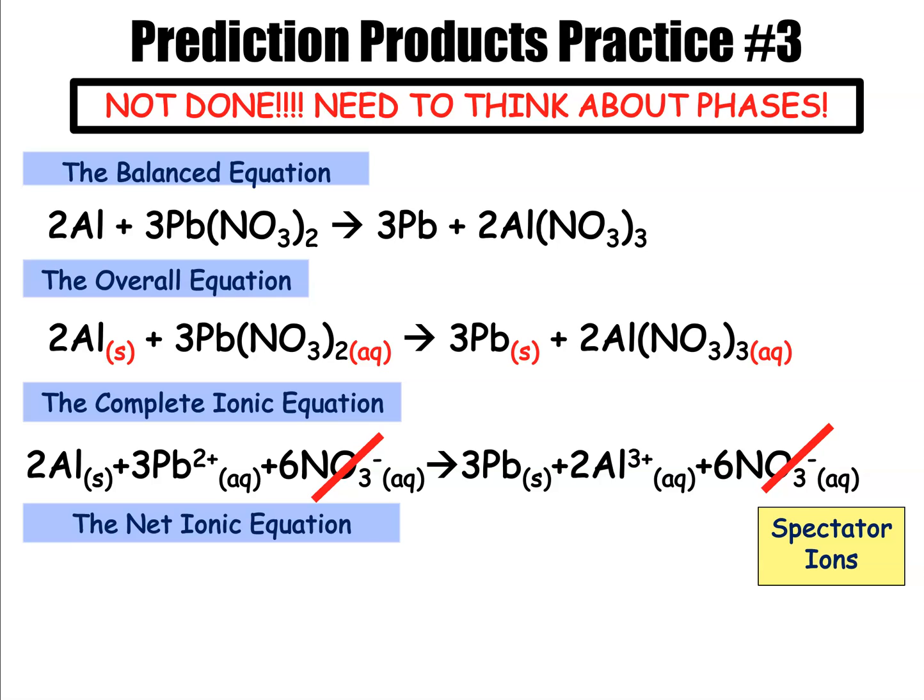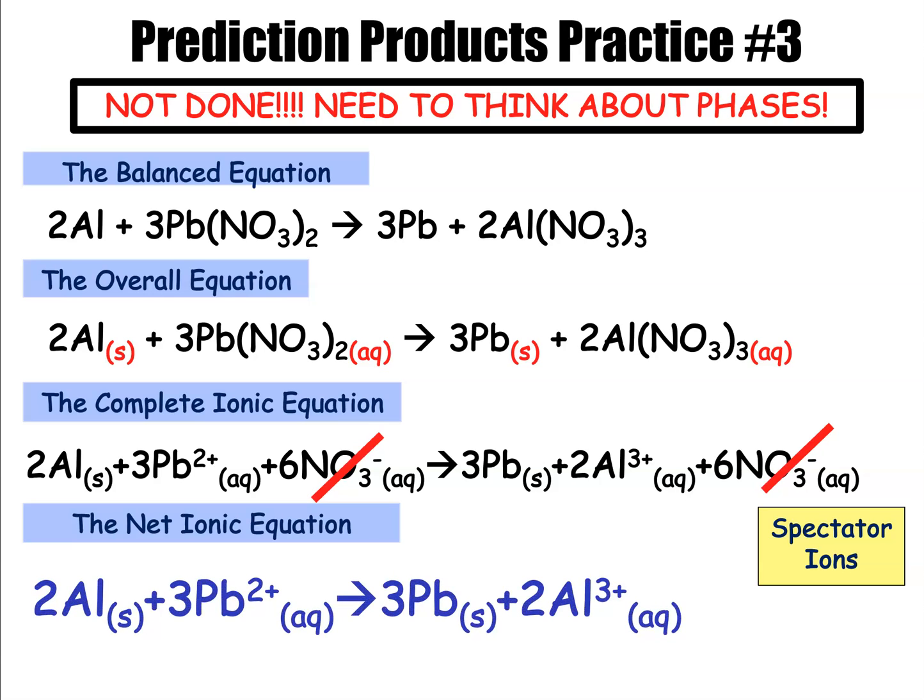I cross them out. The net ionic equation is everything left over that is not crossed out. When I mix aluminum and lead nitrate, this is the reaction at the very bottom that is actually occurring. The nitrates, they're there, but they're not doing anything. They're just watching. Any questions?